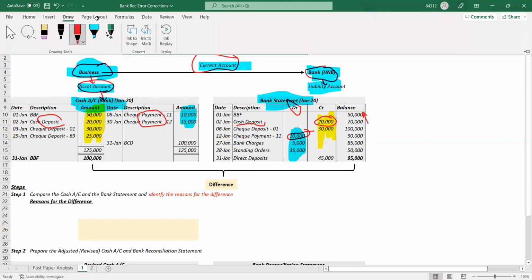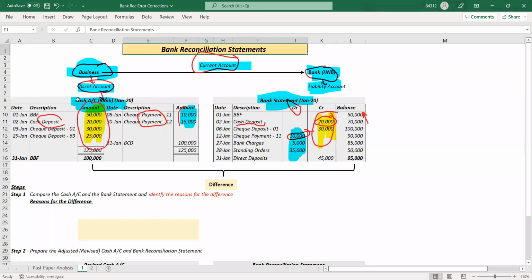So let me explain this example. Here we have a bank statement and the bank account. This is the bank statement for January 2020.